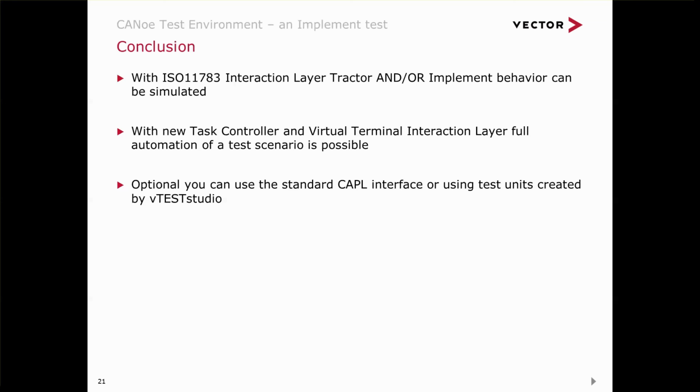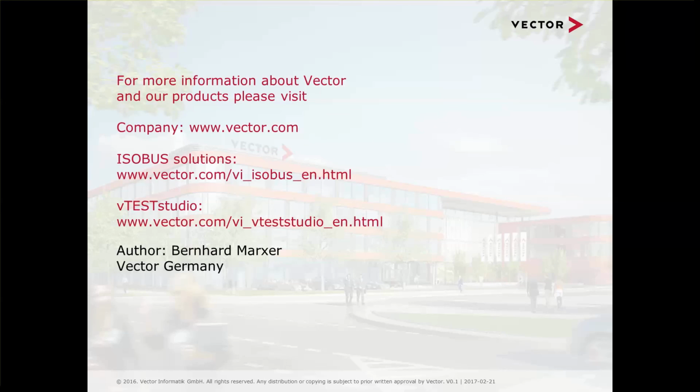In the second step, I showed you a typical test scenario, especially the new aspect of testing by using task controller and virtual terminal interaction layers, which can be used fully automatically by test modules or test units.